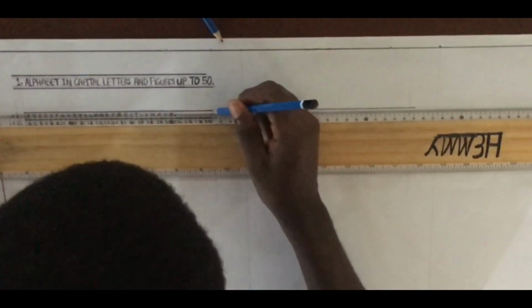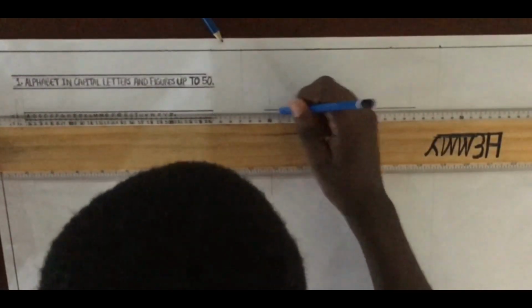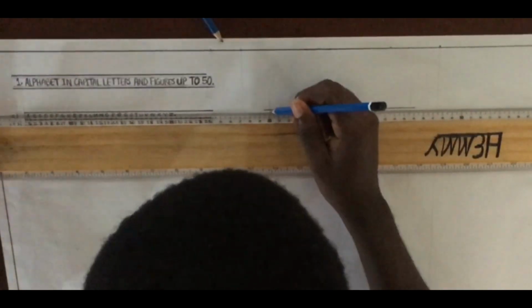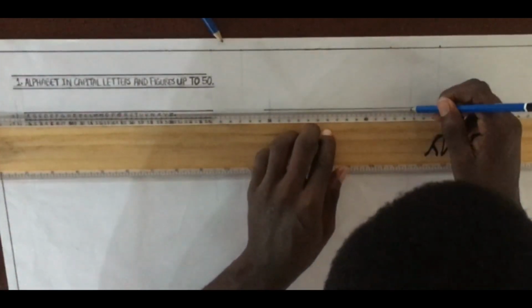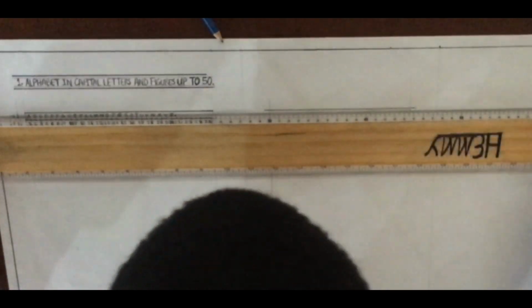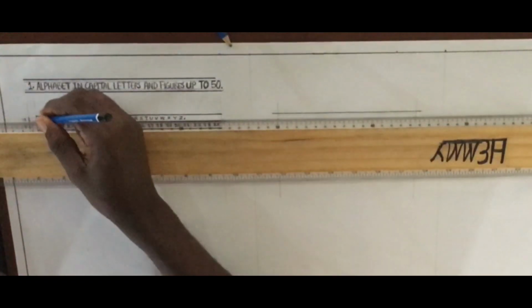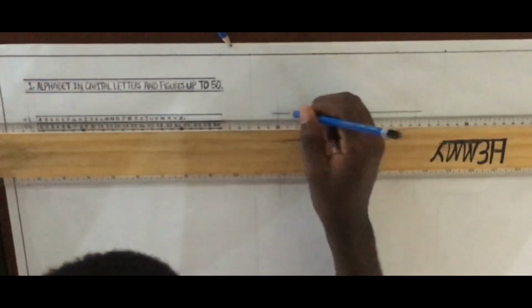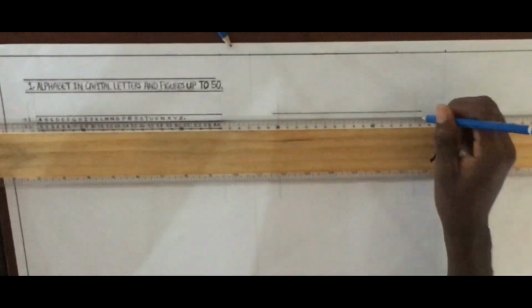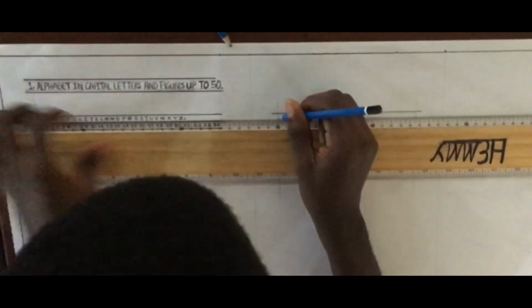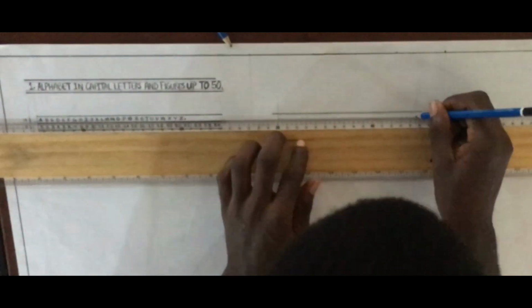Do ensure that it's well aligned, and you can only achieve this if your ruler and your paper is well set on your drawing board and your T-square is firmly attached to your drawing board. You can do well to check out the video on how to set your paper on drawing board after this class.